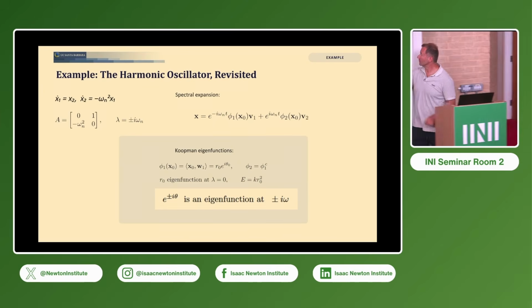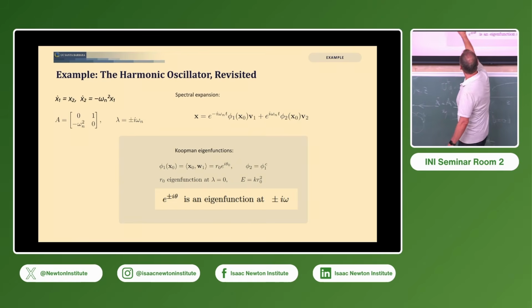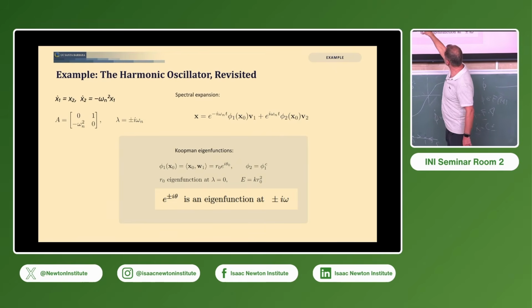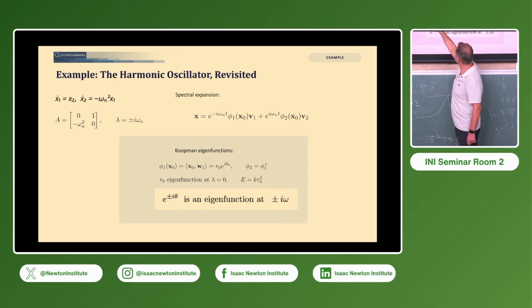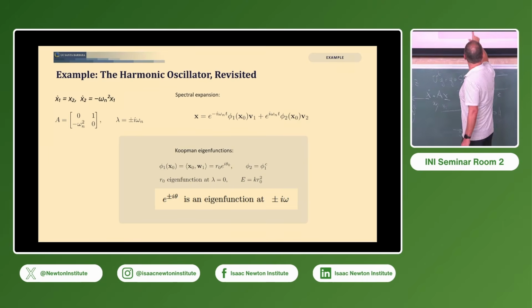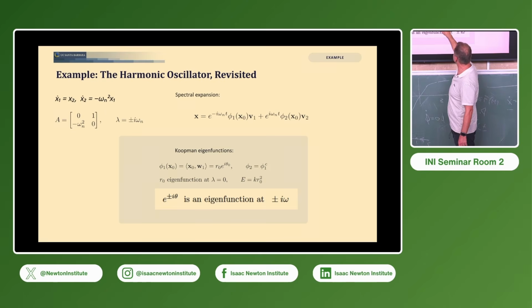What I wanted to point out here is that finding the eigenvalues is the solution, and the interesting bit is computing the eigenfunctions. Interestingly, they are a product of R and e to the i theta. By now you might see that e to the i theta itself is an eigenfunction, but the interesting bit is that R is really related to energy.